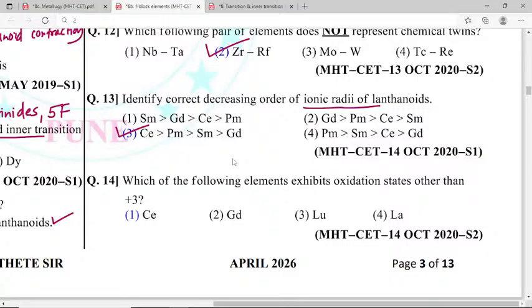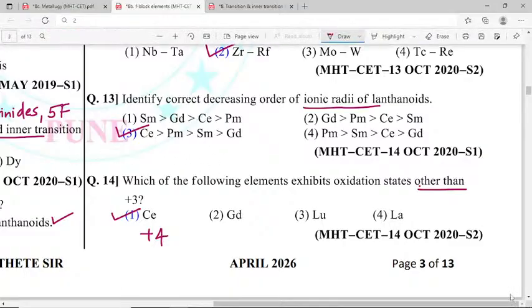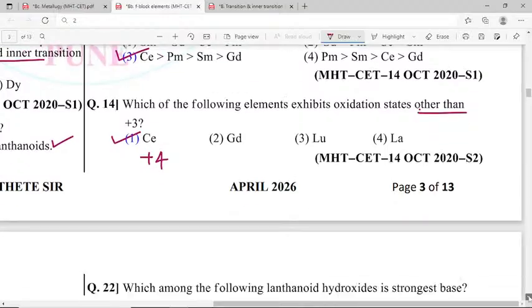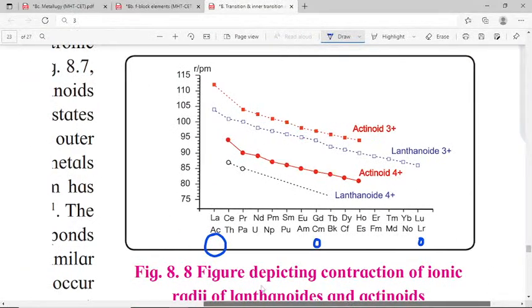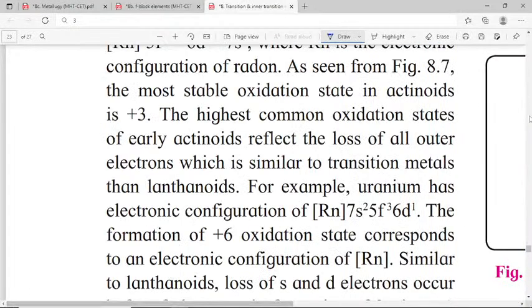Which of the following elements exhibits an oxidation state other than +3? Cerium shows the +4 oxidation state, because of the 4f0 electronic configuration.